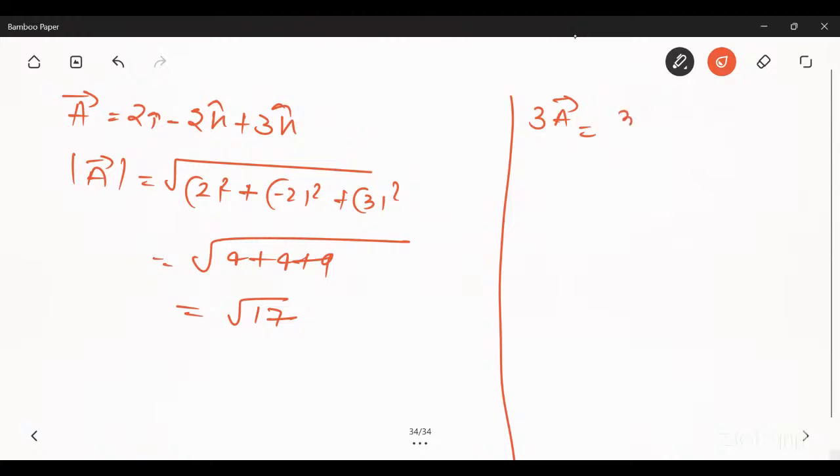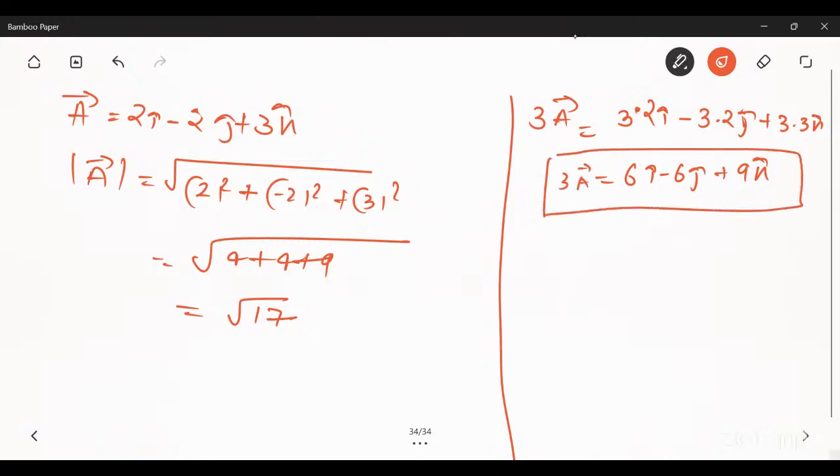So 3 times 2i minus 3 times 2j plus 3 times 3k. So 3 into 2 is 6i cap minus 6j cap plus 9k cap. So the value of 3A vector is 6i cap minus 6j cap plus 9k cap.